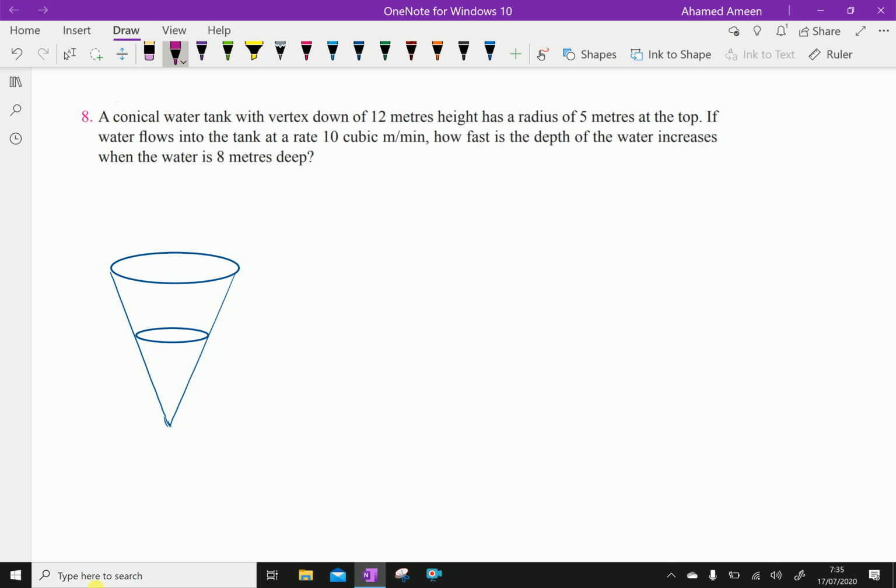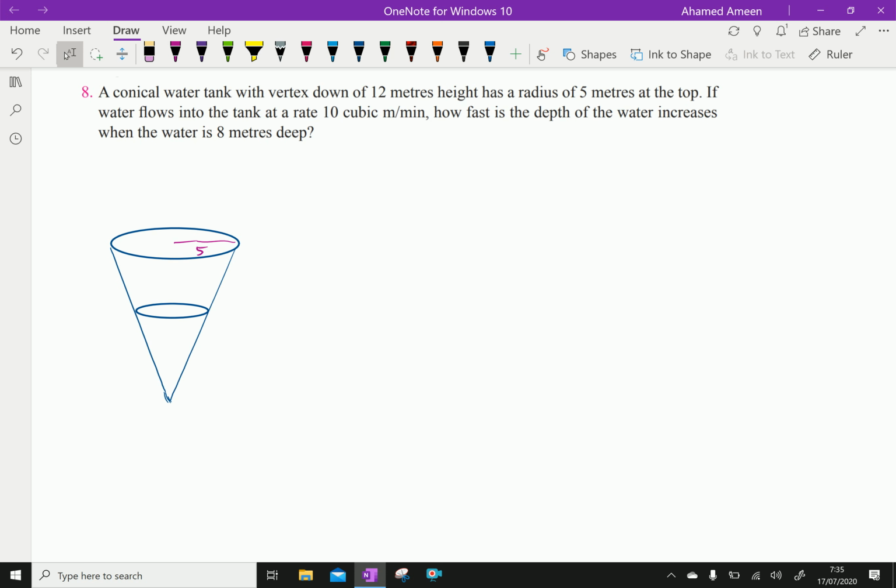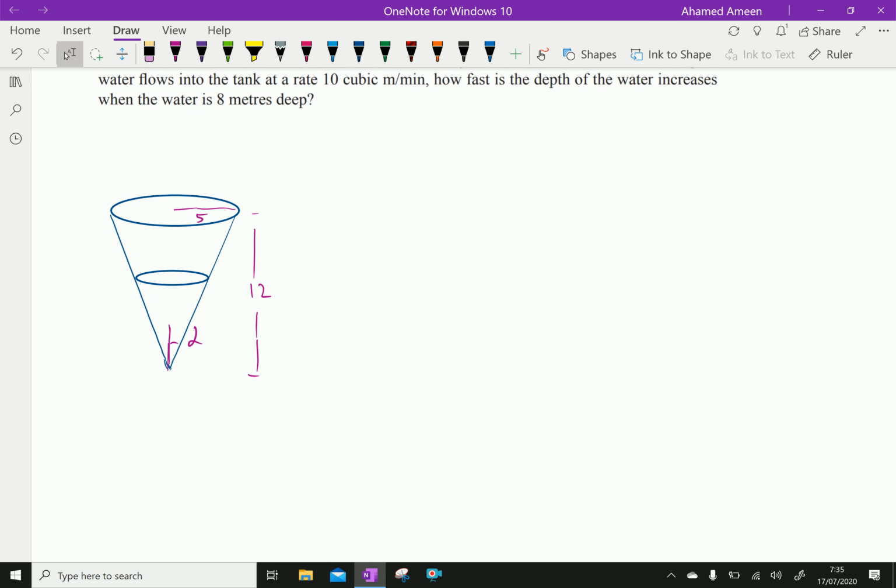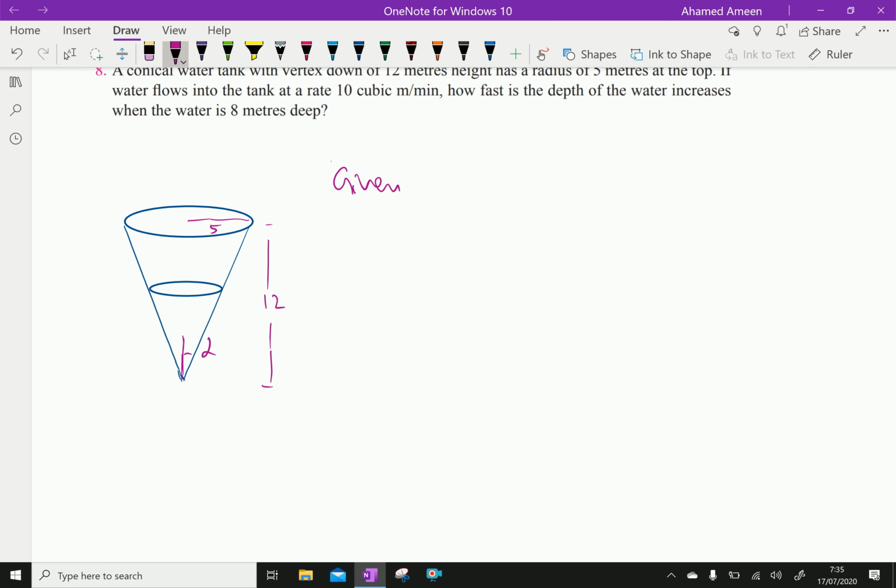Here, this radius is 5 meter, and this total height is 12 meter. Let this half angle be alpha, the semi-vertical angle. Now look at the given condition: H, the total height, is 12 meter, the radius of the cone is 5 meter.